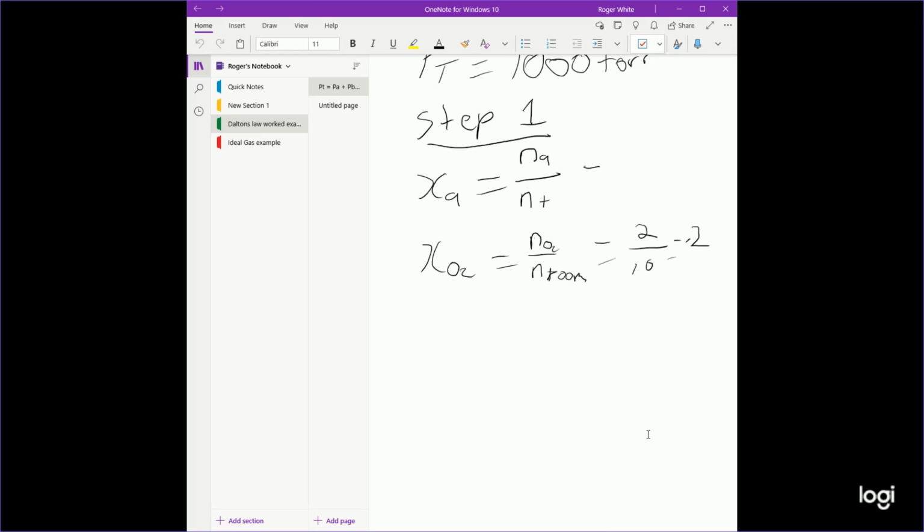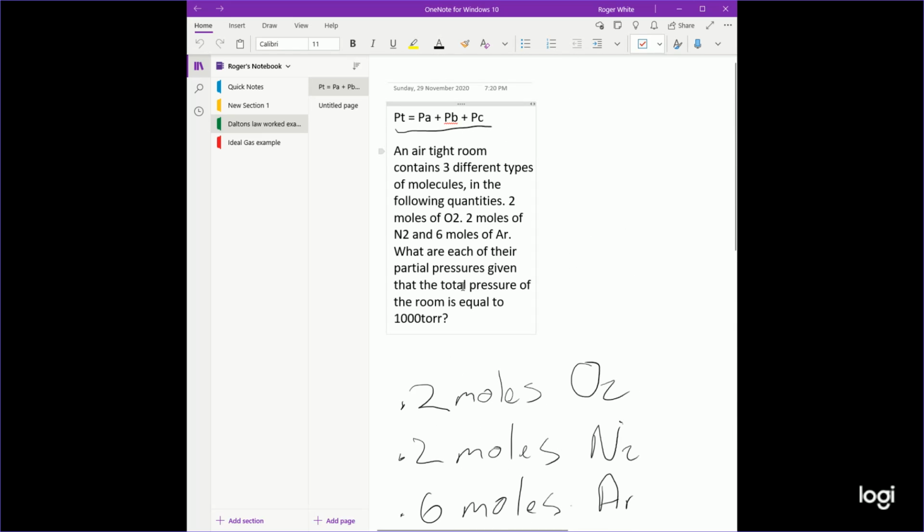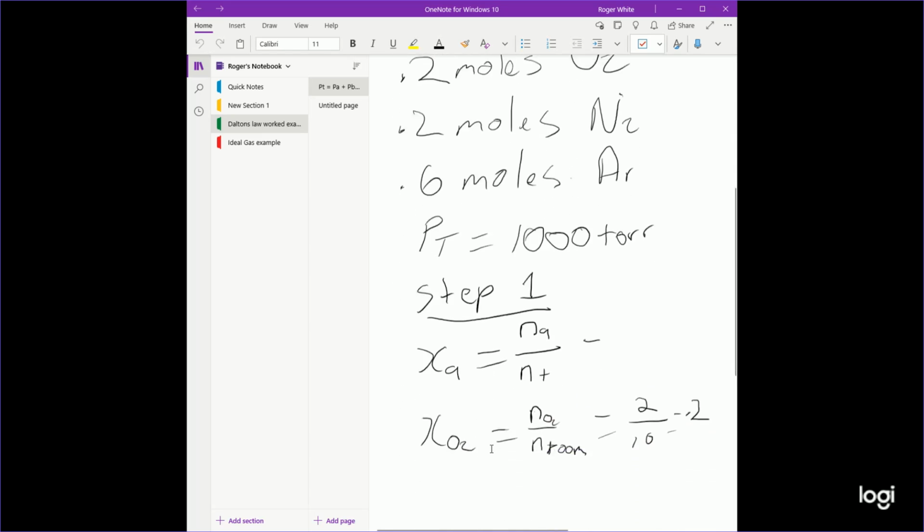The second step is to convert. What did we want to find originally? So let's go up. We originally wanted to find what each of their partial pressures are, given that there's 1,000 torr in the room total.